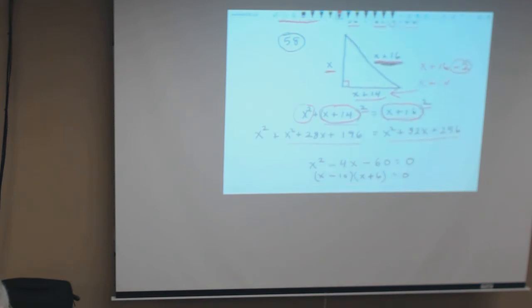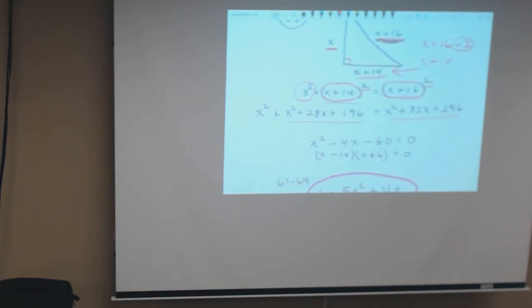And I multiply those and work them all out and come up with the answer is either 10 or negative 6. And I can't have a negative 6, so it has to be 10. So 10, and then if this is 10, 16 more would be 26, and 14 more would be 24. 10 and 24 and 26.